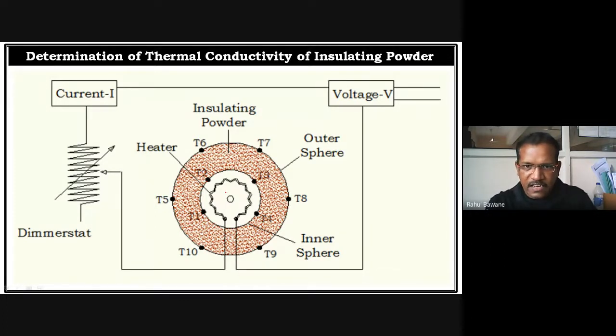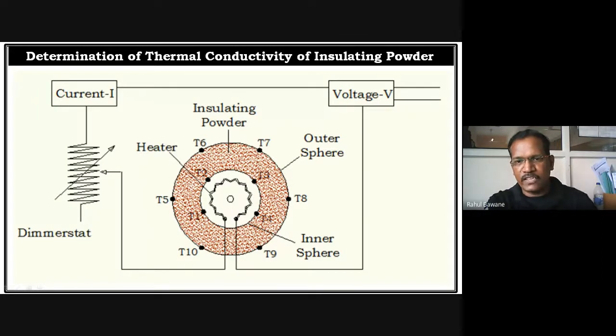Now the heat is transferred, the inner sphere gets heated, and this heat tries to transfer through the asbestos powder bed. No doubt it becomes a hollow spherical shape. So heat is transferred through this asbestos insulating powder and tries to reach the outer sphere.